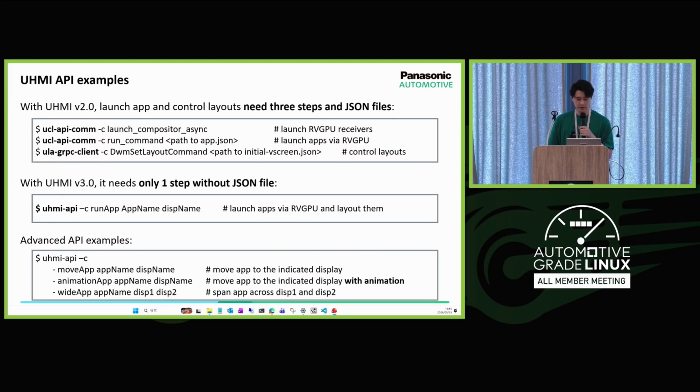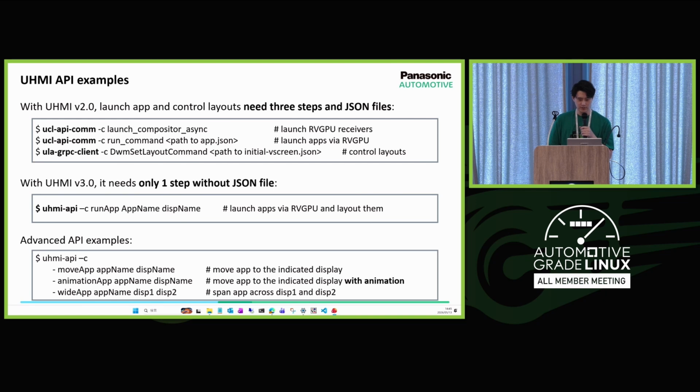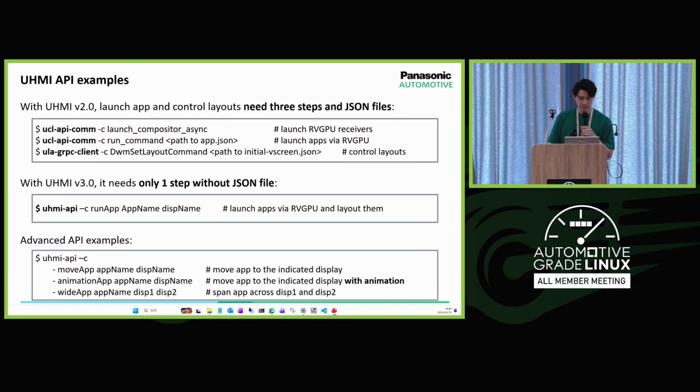This slide compares API usage between Unified HMI version 2 and version 3. With Unified HMI version 2, launching an application and controlling its layout required 3 steps and several JSON files. In detail, first, developers need to launch RBGPU receivers on the receiver by UCL command.